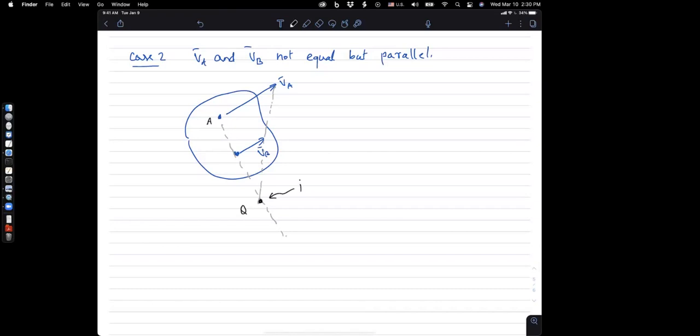So this is A, this is B, this is the instantaneous center. And of course, it will necessarily be the case that this line, when you draw it, will be perpendicular to these things. Does this make sense?